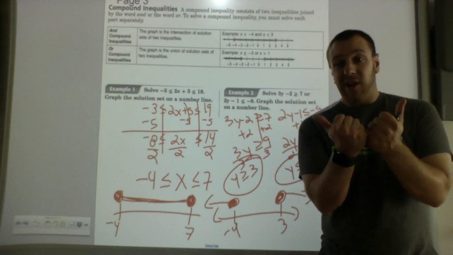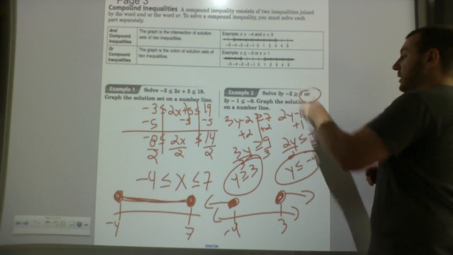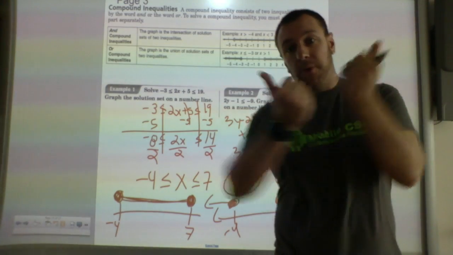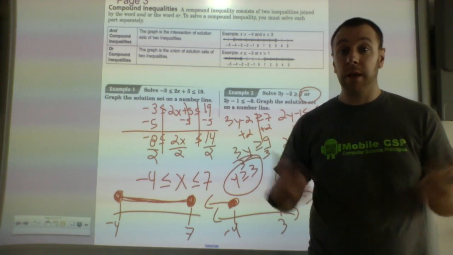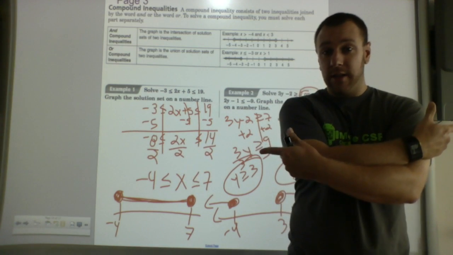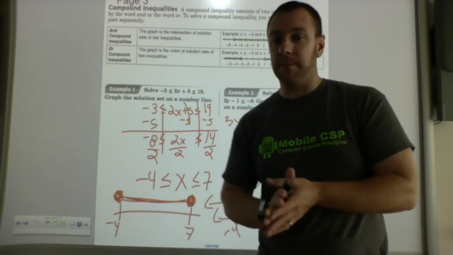You notice that they point away from each other. Oftentimes, you guys are going to see that with "or" statements. So, oftentimes, "or" statements point away from each other, meaning it's where they don't meet up. If "or" statements point towards each other, they kind of crisscross, and it's all real numbers. And sometimes that's the trick question there.